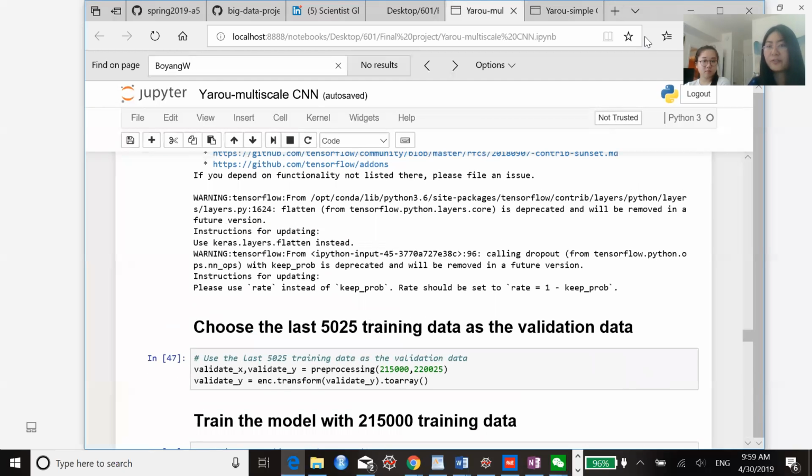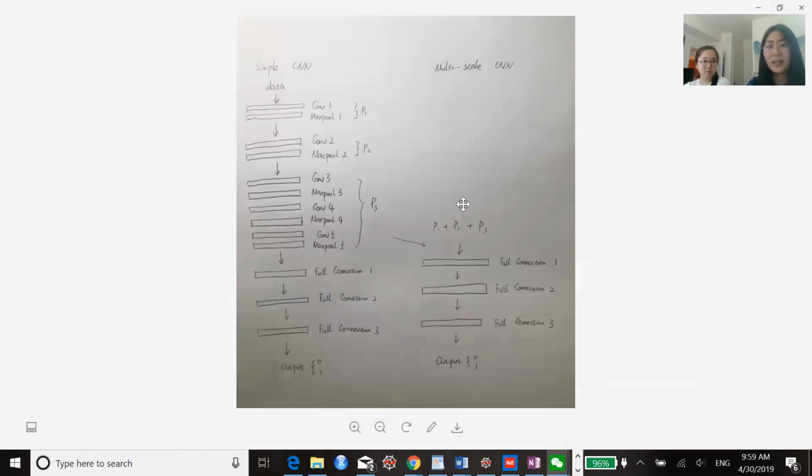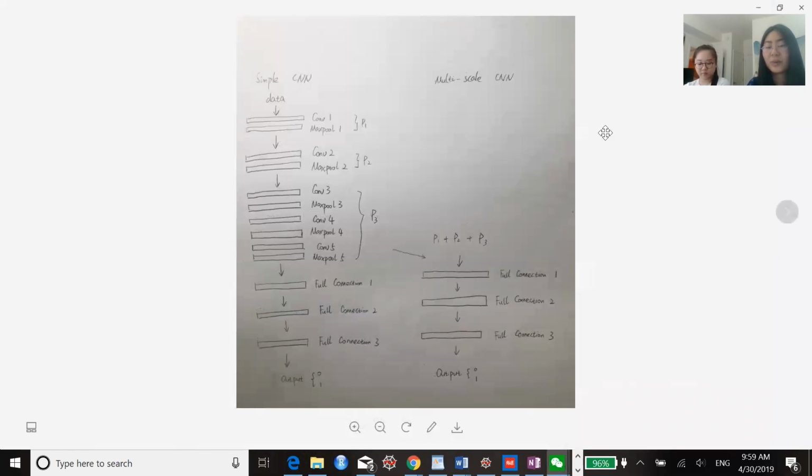But we also find a problem. When we use a large-scale data set, like the full 220,000 training data set, the multi-scale model doesn't improve accuracy.